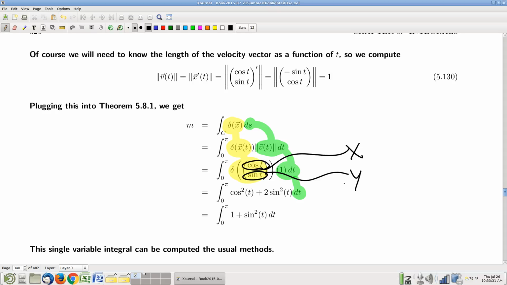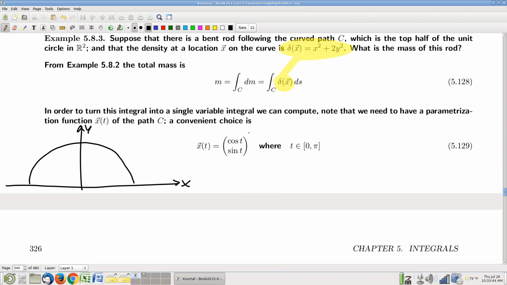Specifically, I want to compute density at the location x, x having been computed at the time t. So x is now a function of t by way of plugging in our parameterization. So that's x, and that's y. Everybody on board?